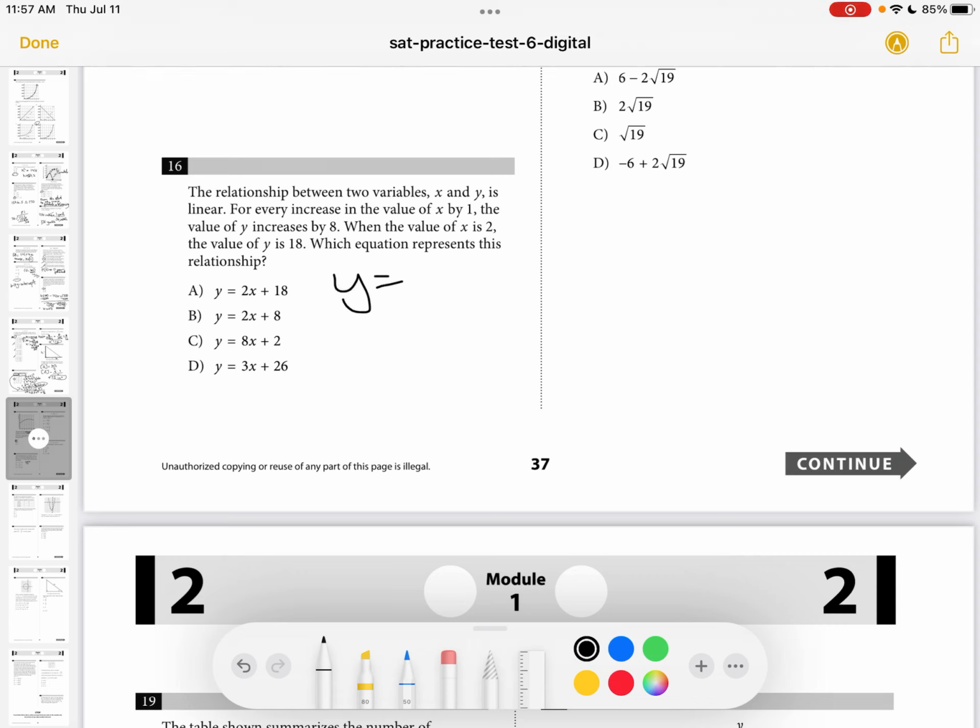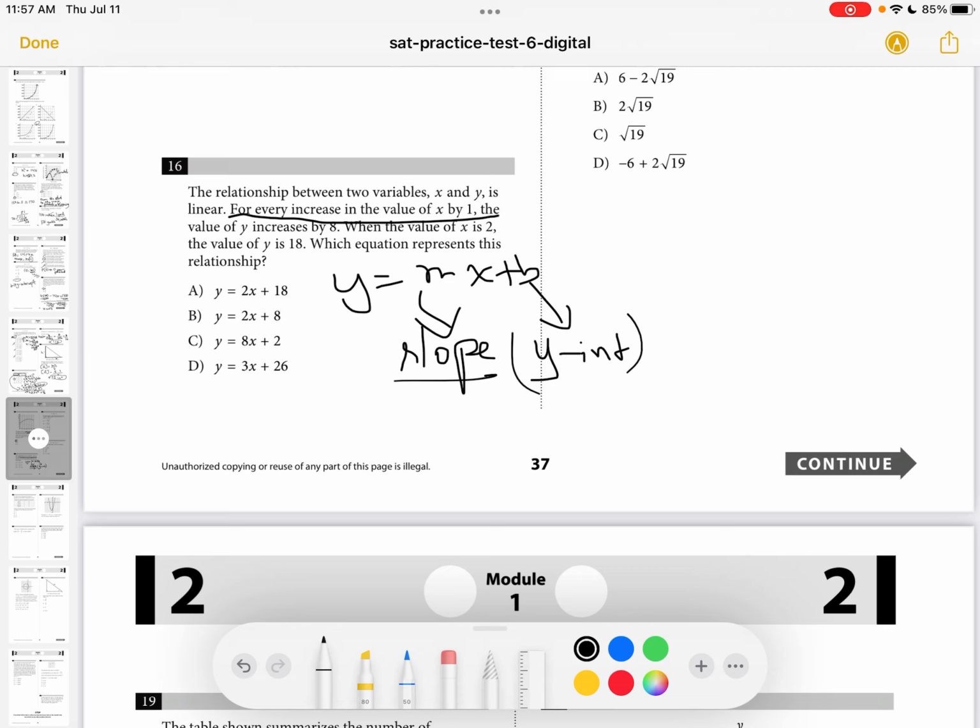So if we want a linear equation, it'll be in the form y equals mx plus b, right? M is the slope, and b is the y-intercept. Alright, first let's try to figure out the slope. Just by reading this sentence, we can figure out the slope. For every increase in the value of x by 1, the value of y increases by 8.